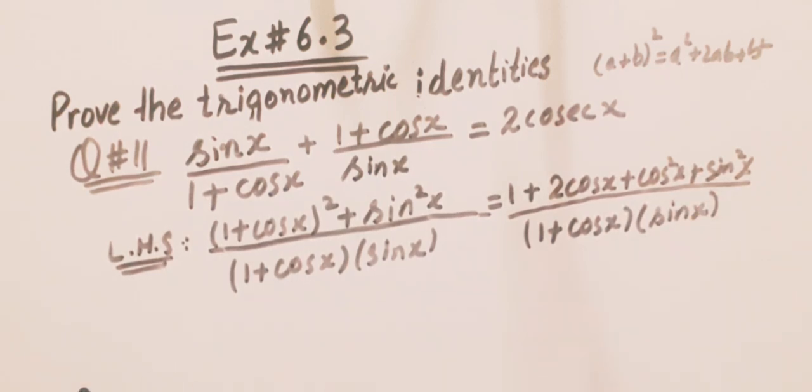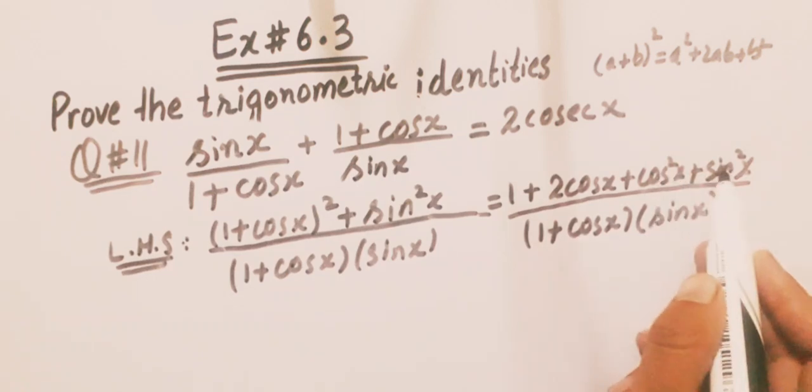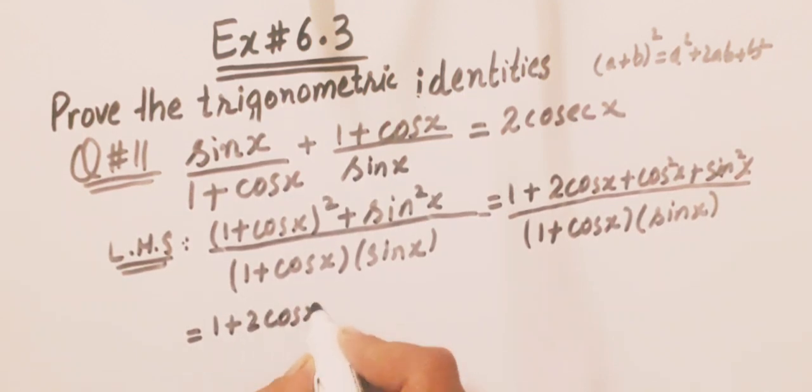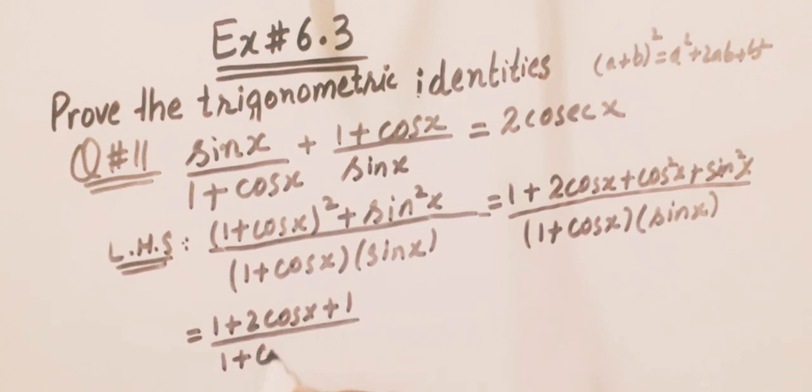Now cos² x + sin² x is equal to 1. So we have 1 + 2 cos x + 1 into (1 + cos x) into sin x.